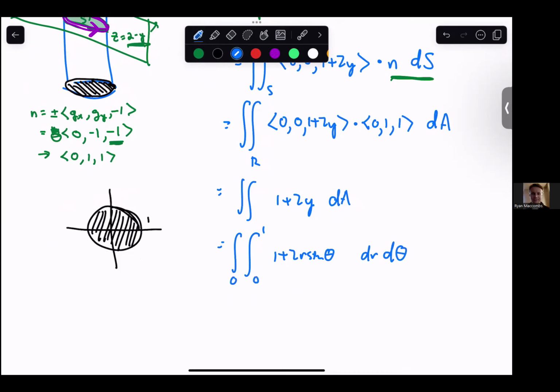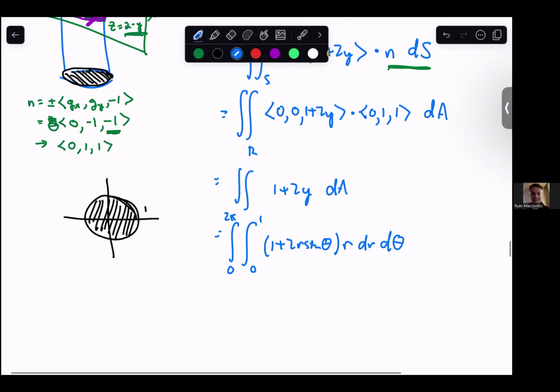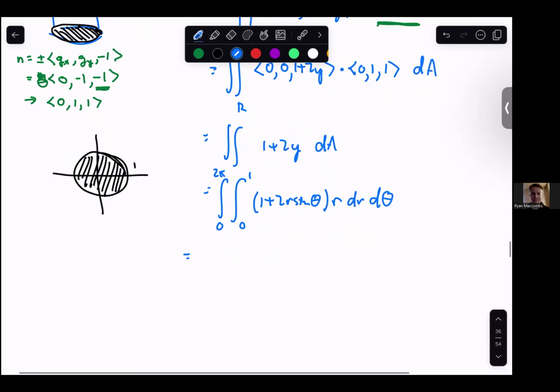Theta is going to range from 0 to 2 pi. And I hope that you're yelling at the screen right now, right? Because anytime you switch into polar, we're going to need our Jacobian. We're going to need this extra r, this extra integration factor. So don't forget that, even though I know this was brought up a little while ago now. Always remember when you switch into polar, you need r dr d theta. All right, so from here, let's go ahead and start evaluating.